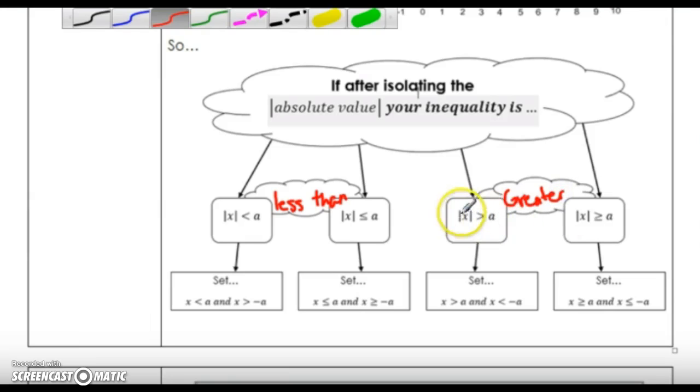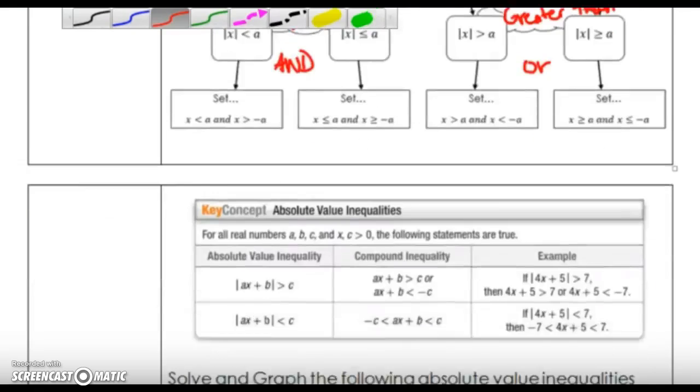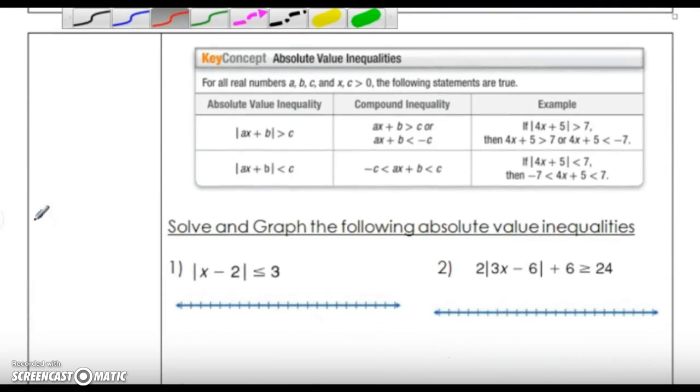So the greater than is going to be the or, and then our and. All right, let's go ahead and look at a couple of examples, and we'll see how that's true.